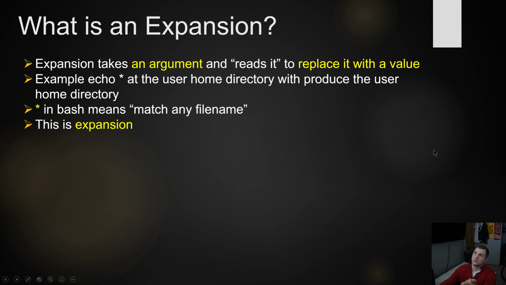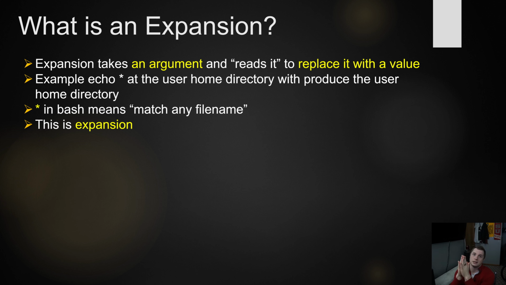Here we go. Expansion. So expansions take an argument, read from it, and replace that value, whatever we called it, that variable, and then we put that value typically in a string. So an example here is the home directory, produce home directory bash, match any file type. This is an expansion.